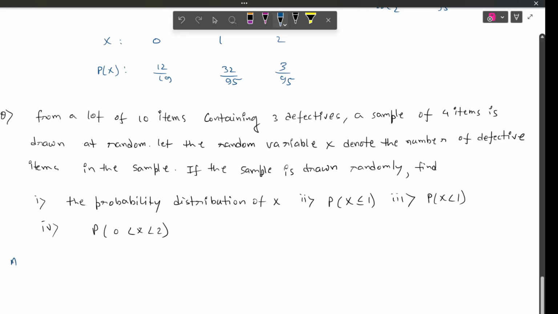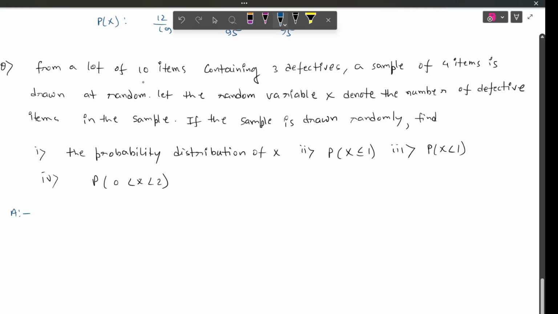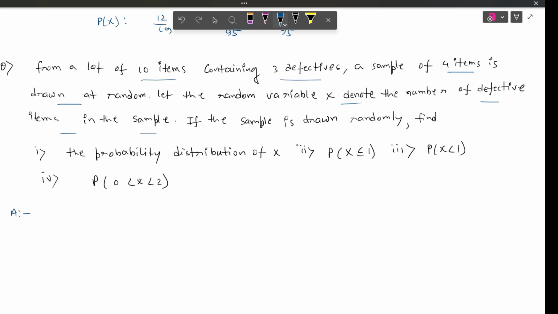So let's see the solution. From a lot of 10 items containing 3 defective items, a sample of 4 items is drawn at random. Let the random variable x denote the number of defective items in the sample. First of all, we have to find out the probability distribution table. From that table, we will solve these questions, right?